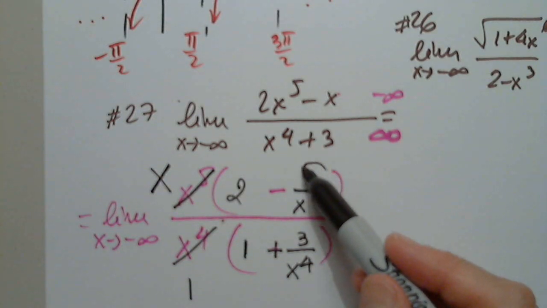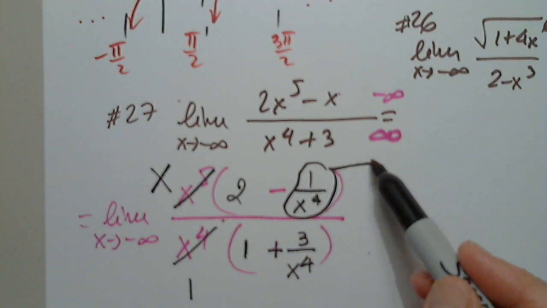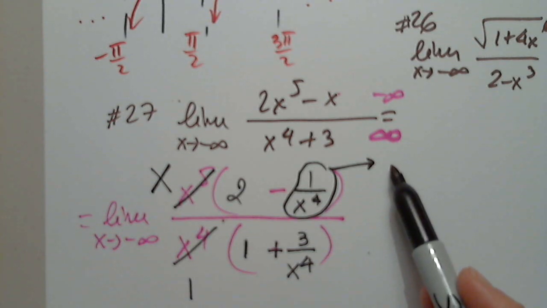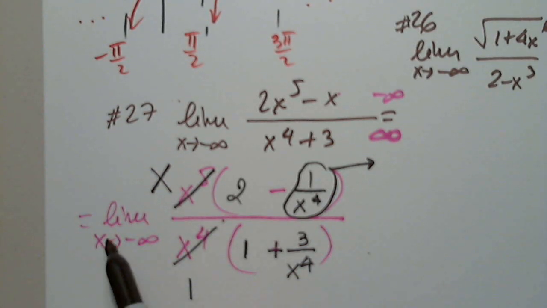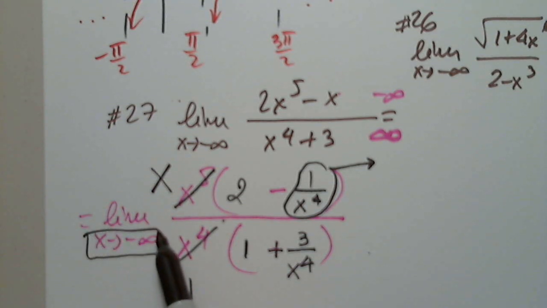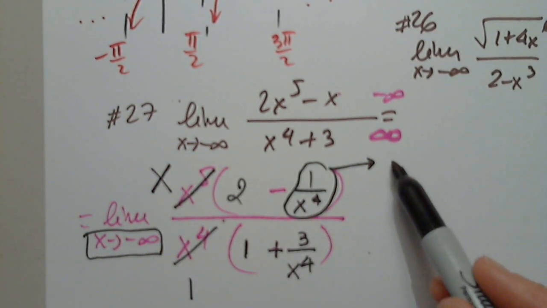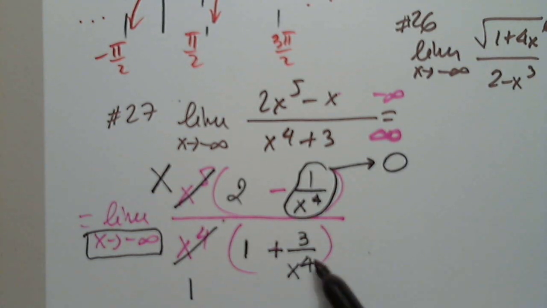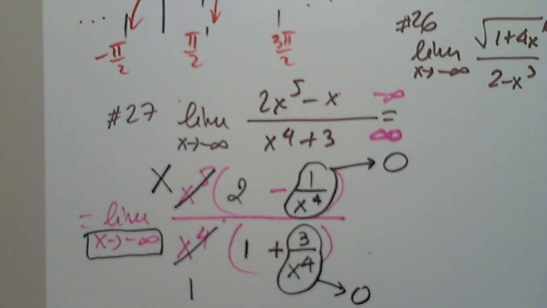Where is this going? Of course, when x approaches infinity or negative infinity. These are connected here, of course. 0. Awesome. Where is this going? 0 as well. Of course.